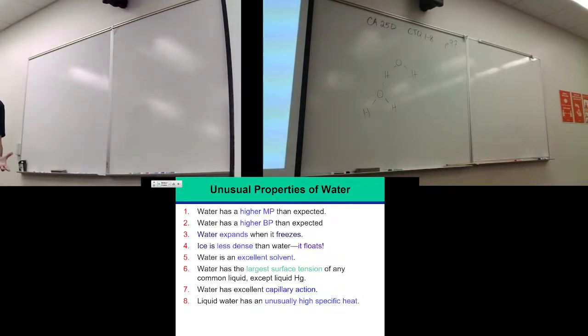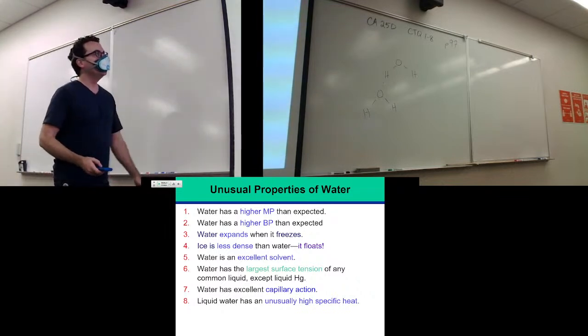If it didn't do this, life on Earth would be a lot different, because floating ice gives you, in the winter, ice forming on the top of lakes, which insulates the rest of the water so the fish live. Because if the ice was more dense, all the ice would sink to the bottom, and the lakes would freeze from the bottom up, and nothing would survive. At least not the way we think we know it. So life would be very different if ice didn't float.